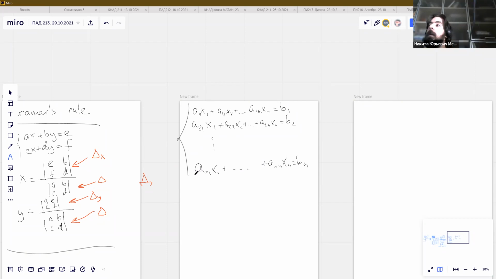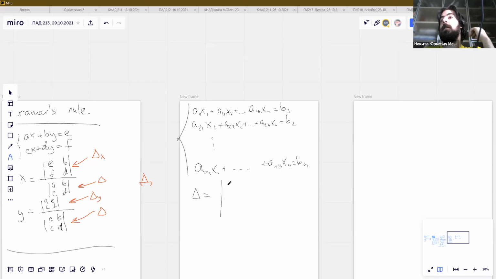Unfortunately, Cramer's rule doesn't work at all if the system is not n by n. If the number of variables doesn't equal the number of equations, Cramer's rule is useless. We can't use it. But if those numbers are equal, then we can find the following determinants.